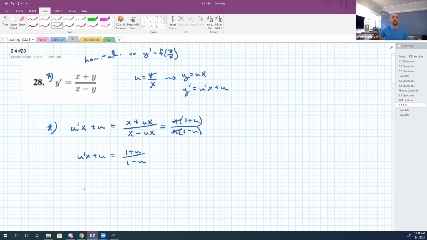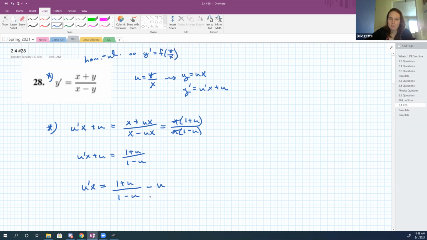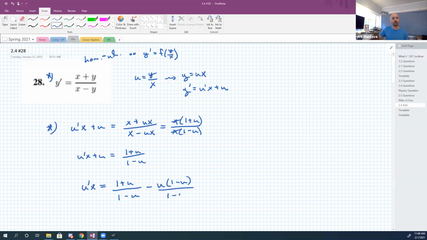So we're going to maybe subtract u to the other side. So I got u prime x is 1 plus u over 1 minus u, minus u maybe? Okay, now what? Multiply the minus u times 1 minus u over 1 minus u. Basically jam everything over the top of a common bottom here.